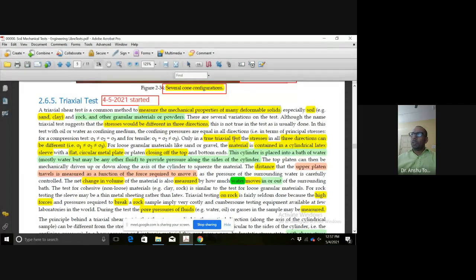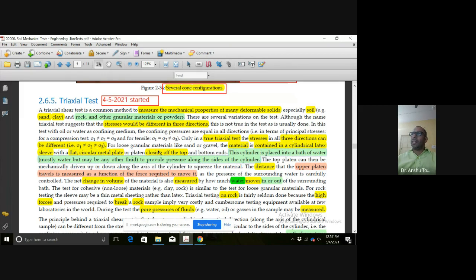But only in a true triaxial test, stresses in three directions can be different. That is, we keep three different stresses in three different directions.